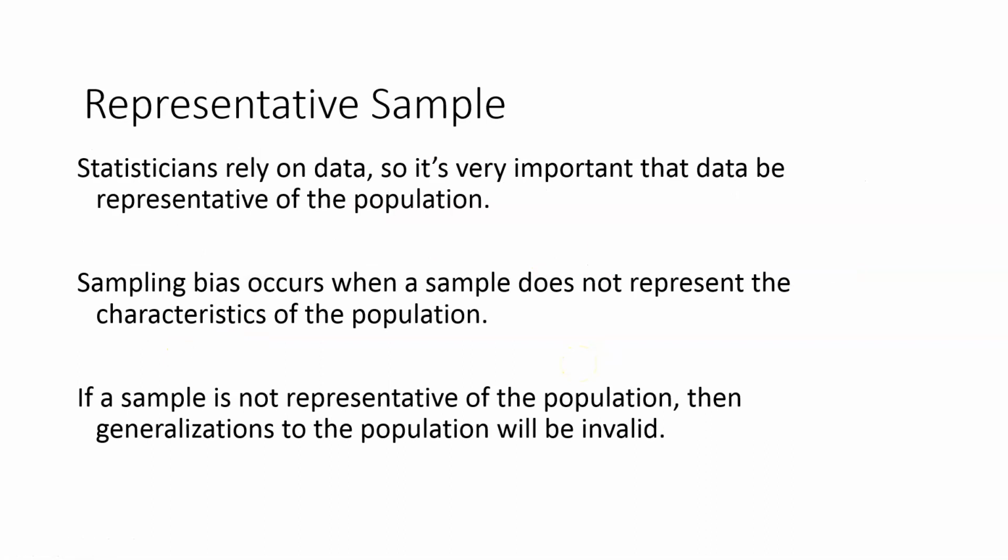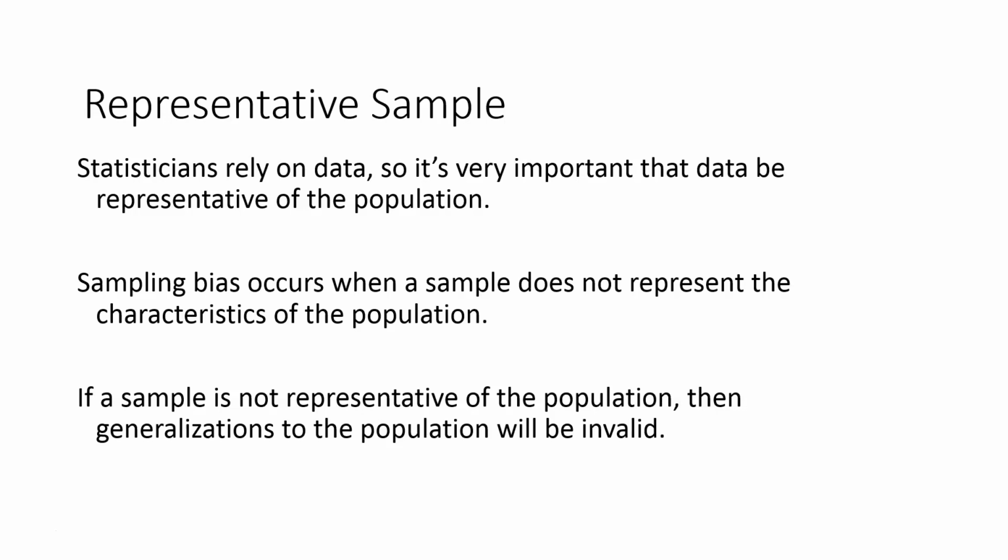So now, moving on, let's talk about sampling a little bit. We said that the sample is the basis for all inference to the population. So it's important that we get a good quality sample. And that means a sample that is representative of the population.